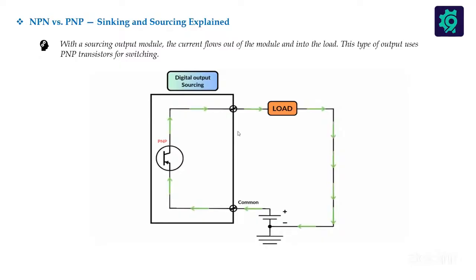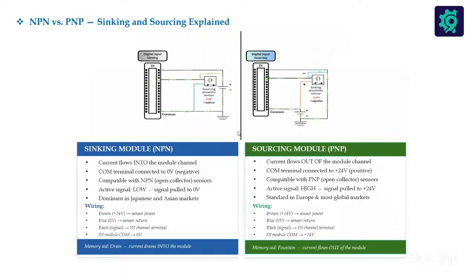Now, let's look at the wiring of a sinking module and a sourcing module. For a sinking module, current flows into the module channel, while for a sourcing module, current flows out of the module channel.